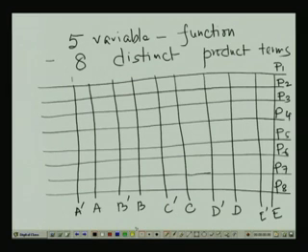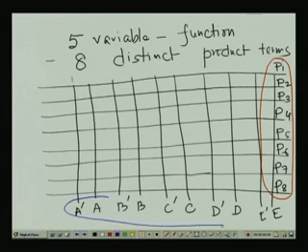So, these are my 8 product terms and these are my 10 input variables. So, this is the structure of my AND plane.